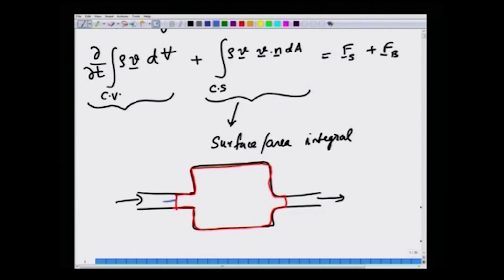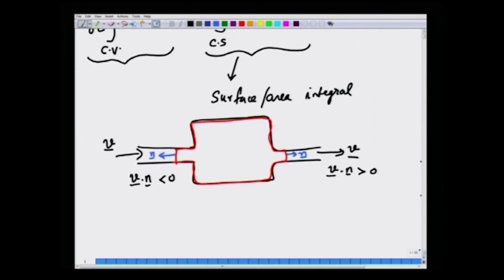Now, as I have told you several times in the last two lectures, v dot n is always negative in the entrance and it is positive in the exit, regardless of the choice of coordinate system, because v dot n is a scalar quantity, it is a dot product of the velocity and the normal to the control surface.